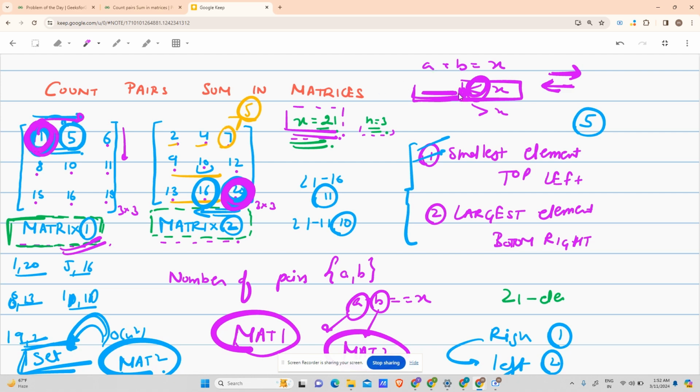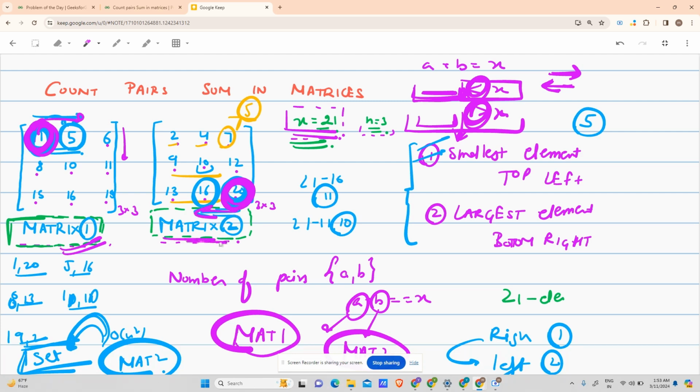And similarly, if this is greater than x, then this side is actually greater than that side, right? So I will have to decrease this side. And if I'm decreasing this side, what does that signify? I will have to decrease something. What is decreasing? Left side. What is left?